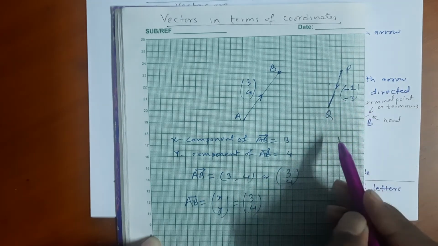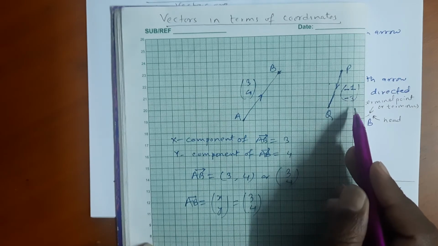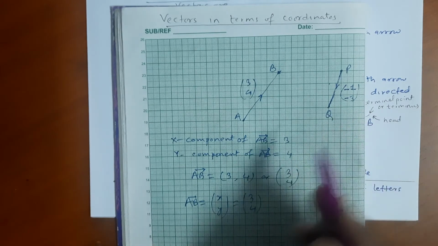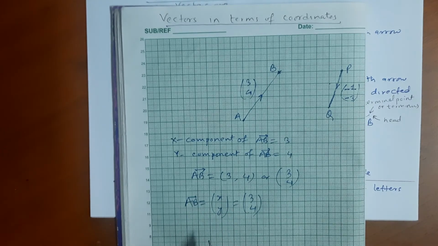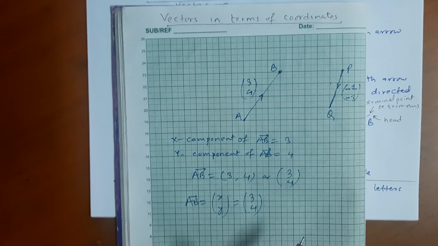So the vector PQ equals (-1, -3). In this way, we can express vectors in terms of coordinates. This is the representation of vectors in terms of coordinates.